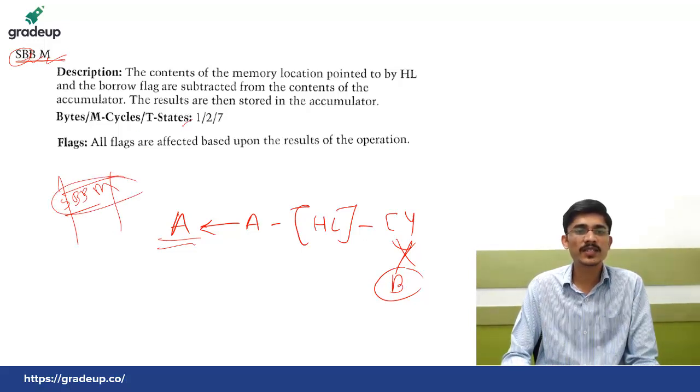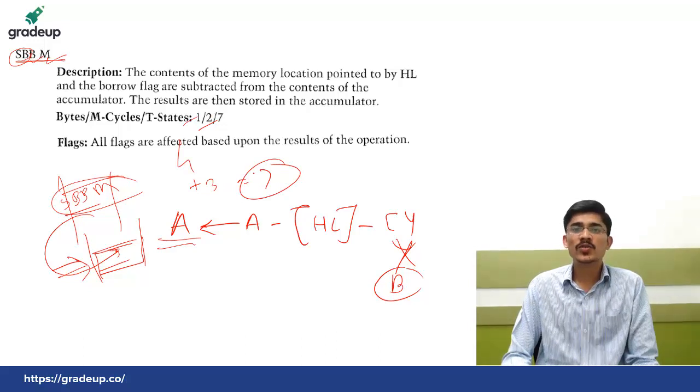It will be a 1 byte instruction. M is pointed by the HL register, so it will be somewhere here. The microprocessor has to read this data, so it will surely require 2 machine cycles, opcode fetch and memory read, 4 plus 3, so it will require 7 T states. So after watching an instruction, you can easily find out how many T states are required. You just have to think a little bit.